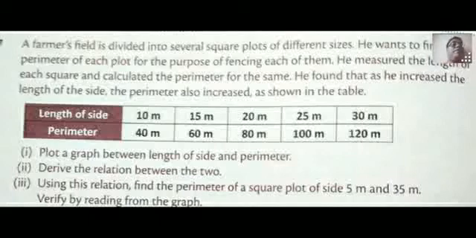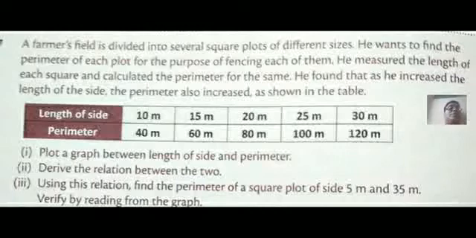Similarly, a farmer's field is divided into several square plots of different sizes. He wants to find the perimeter of each plot for the purpose of fencing each of them. He measured the length of each square and calculated the perimeter.